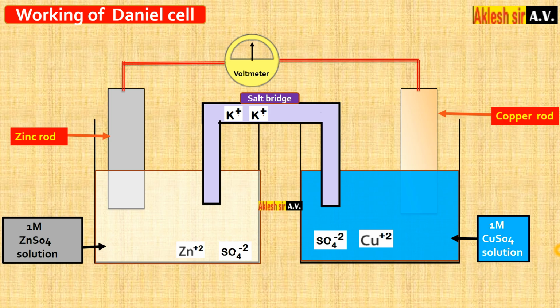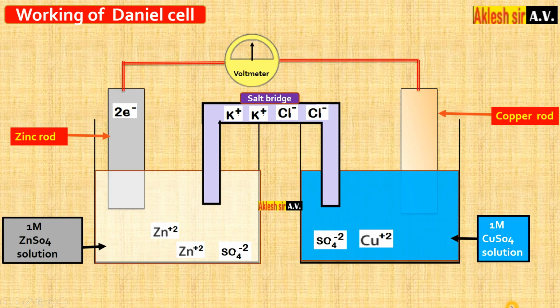and in the salt bridge we know that aqueous potassium chloride is present, that is K+ and Cl-, a saturated solution of KCl. The zinc rod has a large number of zinc atoms. These zinc atoms lose electrons and form Zn+2 ions, and these Zn+2 ions pass into the solution.